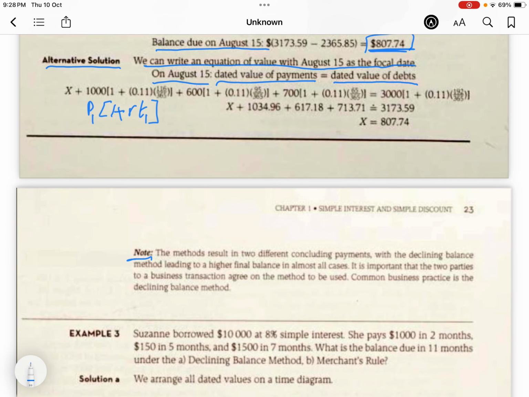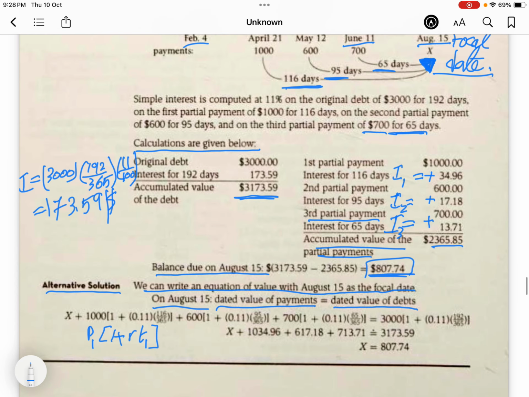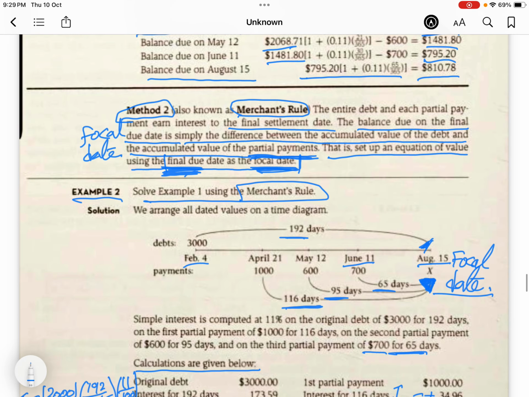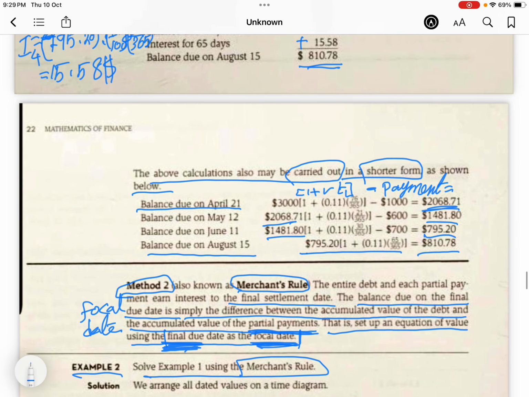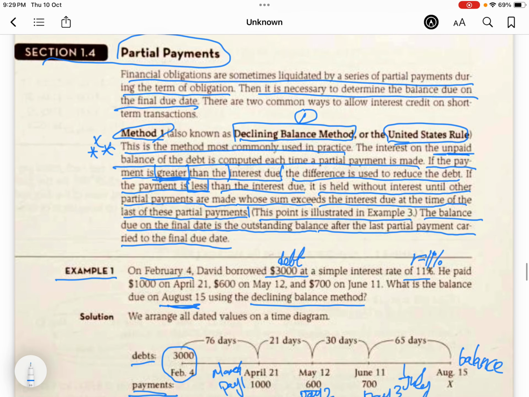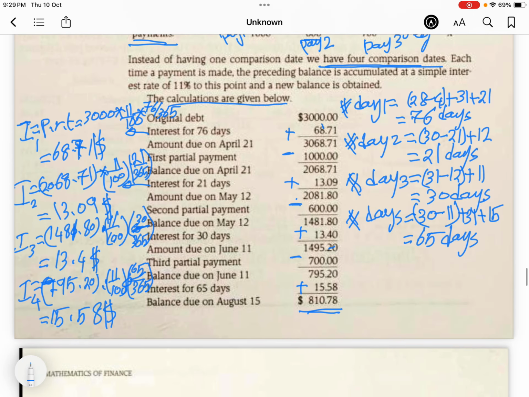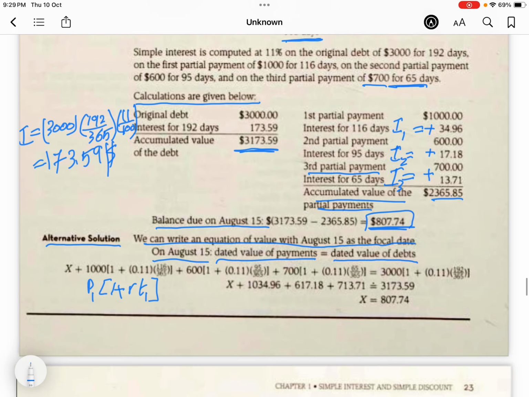Note, the methods resulted in two different balances. Here 807.75 is the merchant rule. By the declining balance method, you will have a balance equal to 810.78.